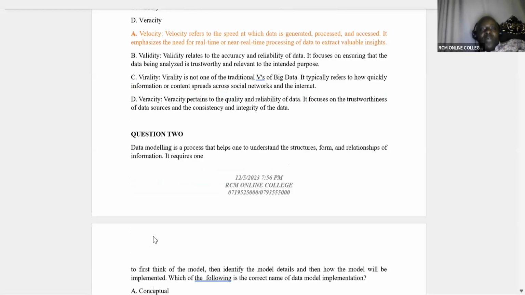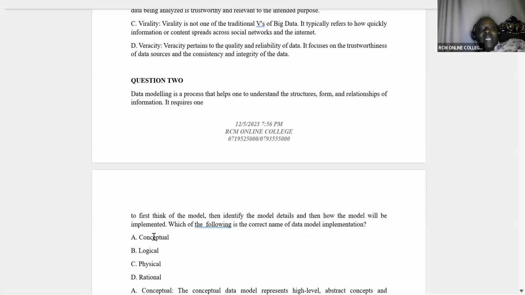Now, if you allow me, I'll go to question number 2. Data modeling is a process that helps one to understand the structures, form, and relationships of information. It requires to first think of the model, then identify the model details, and then how the model will be implemented. Which of the following is the correct name of data model implementation?